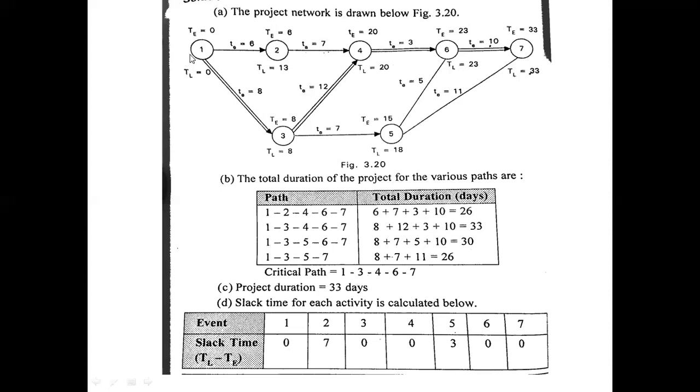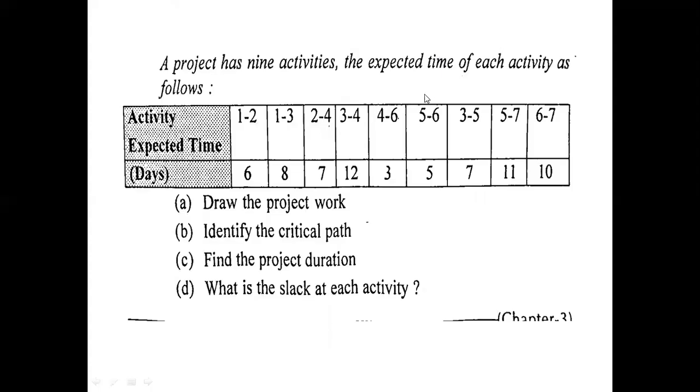See here, this is the diagram. 1 to 2, 1 to 3, 2 to 4 and 3 to 4. Then 4 to 6 and 5 to 6. And 3 to 5.